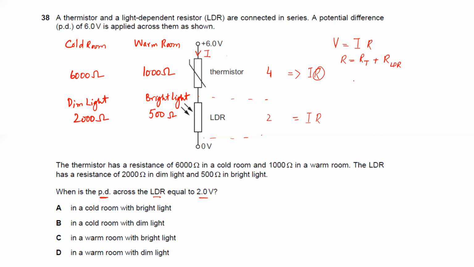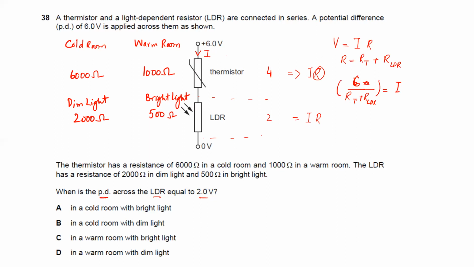This will be my resistance. Let's call my voltage 6 volts. 6 volts divided by R T plus R LDR is equal to my actual current that flows through both of these devices.